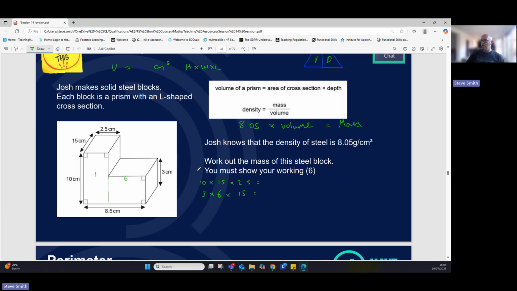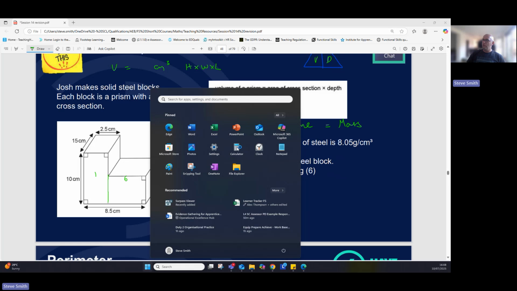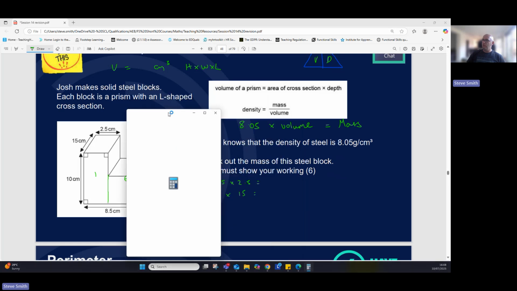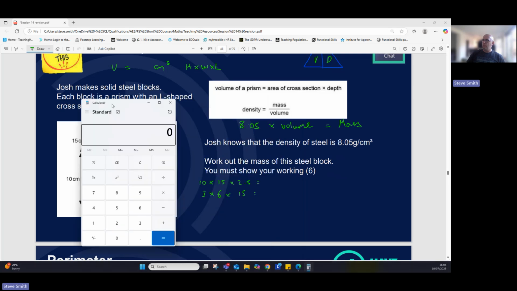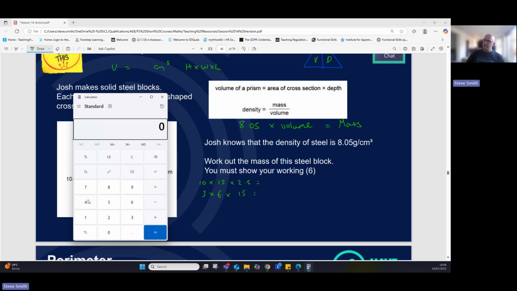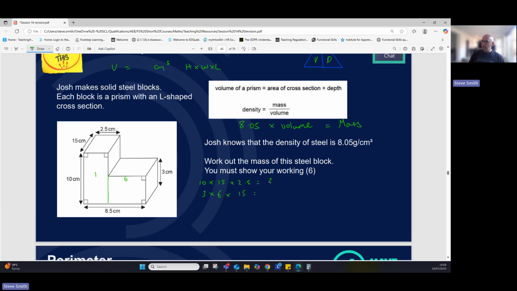Let's now work out both and add them together and we'll have the volume of that shape. So 10 times 15 is 150. 150 times 2.5 equals 375. That's the top one.